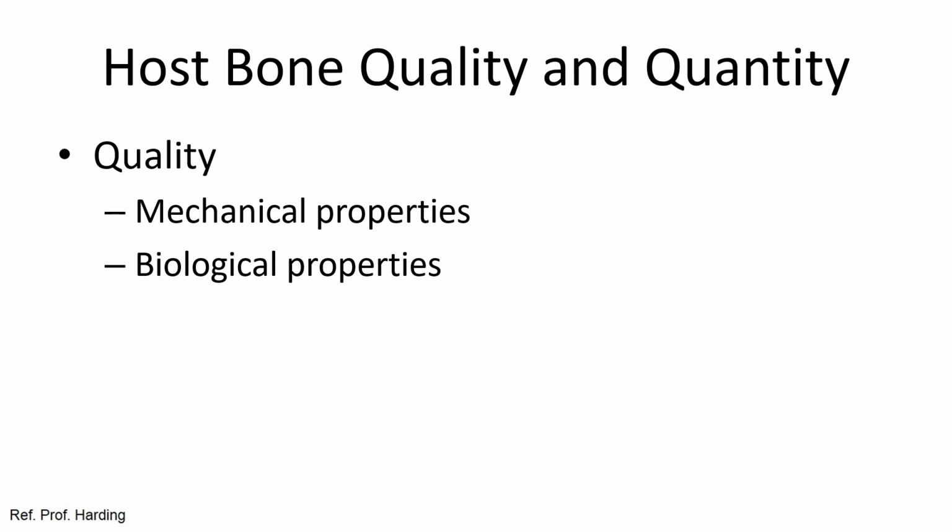The biological properties of the bone, however, are a different matter, and they are dependent on things such as the patient's general health and predisposing health as well. So we have biological properties and mechanical properties, and they're both important when it comes to assessing the patient's bone quality.